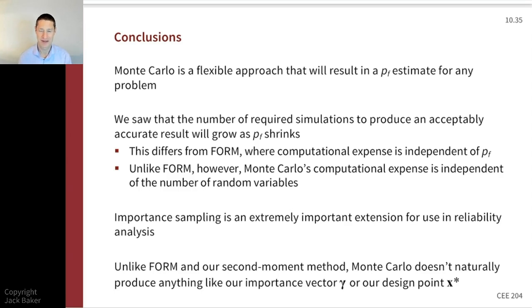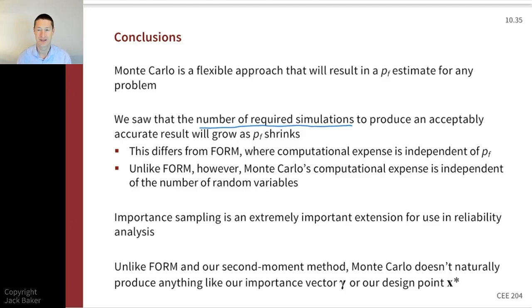It does have some sampling error, and we looked at the variance of our estimator depending on the number of samples we generate, the probability of failure, and things like that. That's really the challenge we have to face here. Specifically, the number of simulations we need to produce an acceptably accurate result gets bigger as the probability of failure gets smaller. But when we're working in the domain of small probabilities of failure, we've got a challenge there.